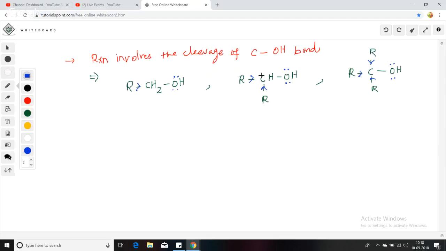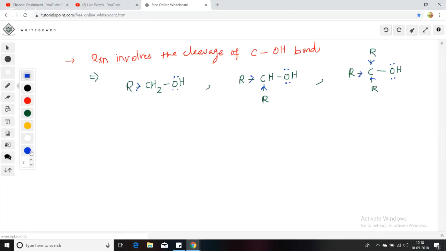So obviously the electron coming onto this carbon atom because of the plus I nature of these alkyl groups and the lone pair on the oxygen atom, we have repulsion between these electrons. Because of this repulsion, this bond is weak and it is easy to break.